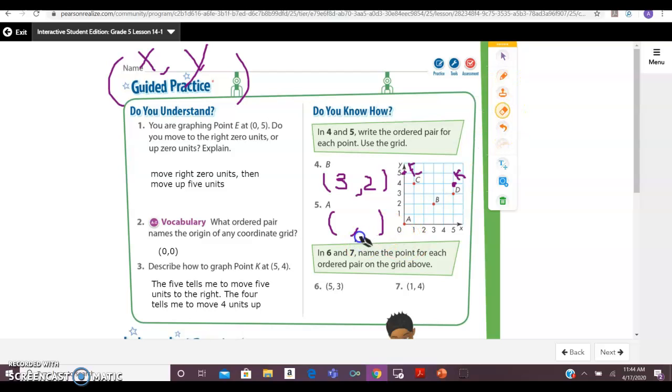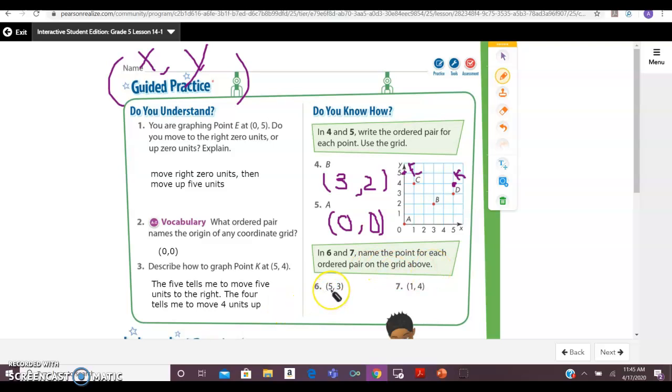Okay. A is right here. I didn't go anywhere. So we're at the origin, which means our ordered pair is 0, 0. For number 6 and 7, name the point of each ordered pair on the grid above.